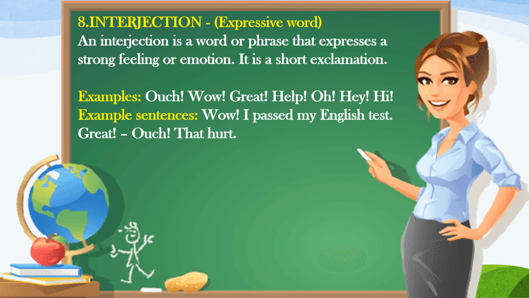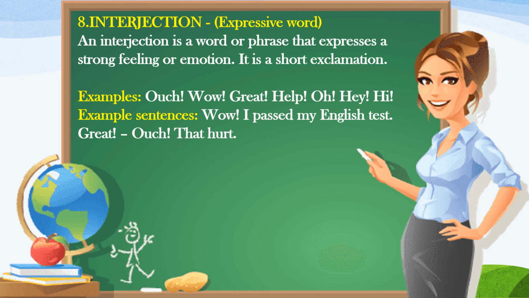Okay, let's see this example. Wow, I passed my English test. So here I want to express some feelings of amazement or something like that. Let's see the next one. Great. This is the response to the first sentence. Wow, I passed my English test. Great. The second one may be, ouch, that hurt.